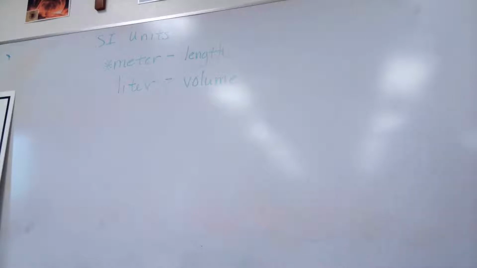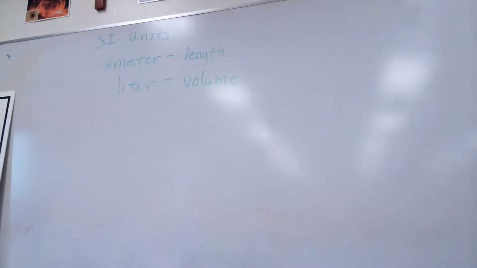A decimeter is 1/10 of a meter. So if we look at the meter stick and we go from like 10 to 20, that's 10 centimeters. So if we made a cube that had side lengths of 10 centimeters, like this, the volume of that cube would be 1 liter. Does that kind of make sense?